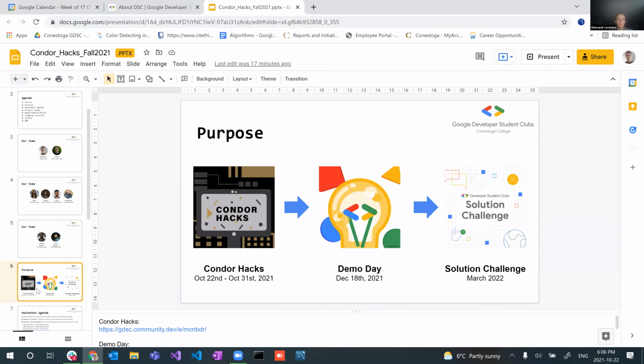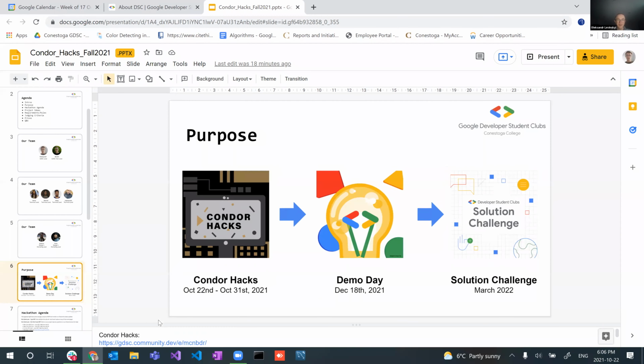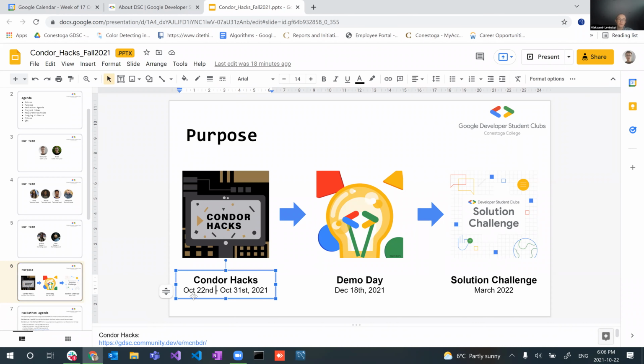Now we will talk about the purpose of the hackathon. We wanted to create this event so that it is meaningful to you, with a logical chain of events. This hackathon will be held during Student Success Week.